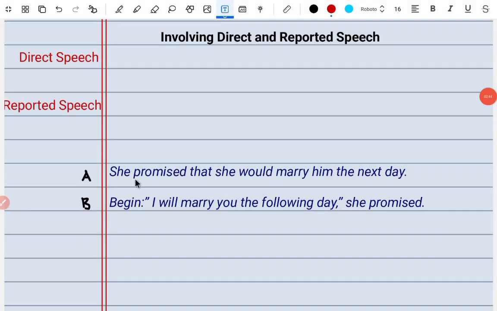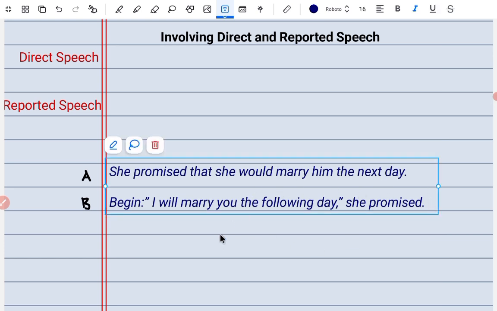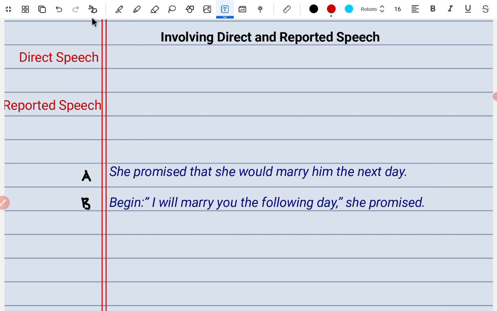So we have two sentences. She promised that she would marry him the next day. This other one says, "I will marry you the following day." So this one, you can see, has these quotation marks. These are the quotation marks I was talking about, and at the end of the quoted words there should always be a comma.